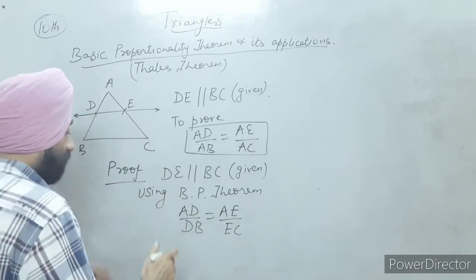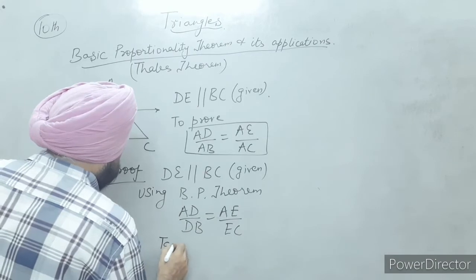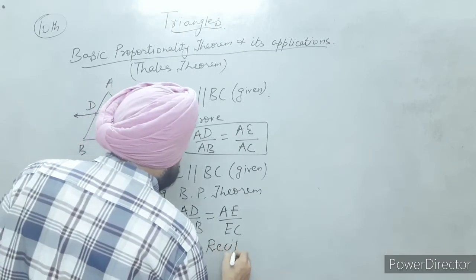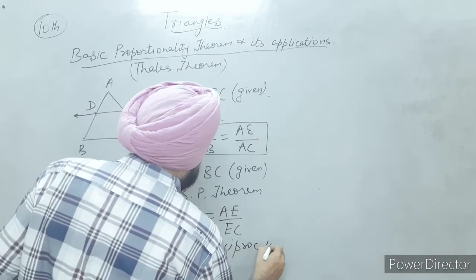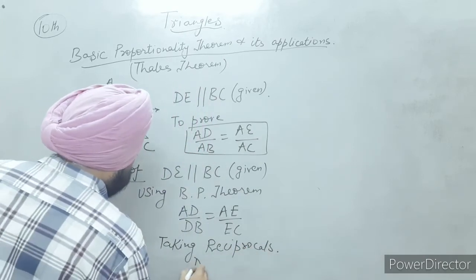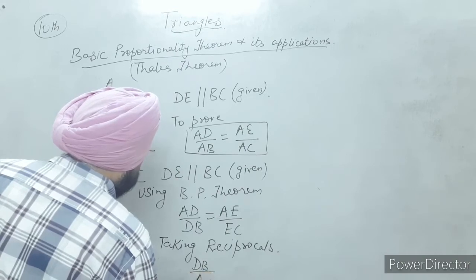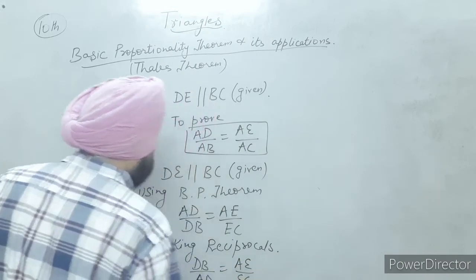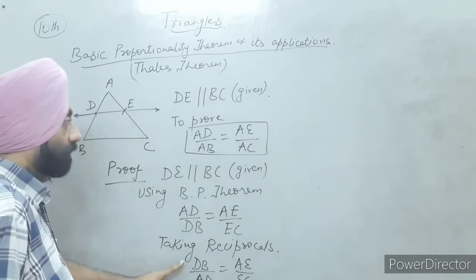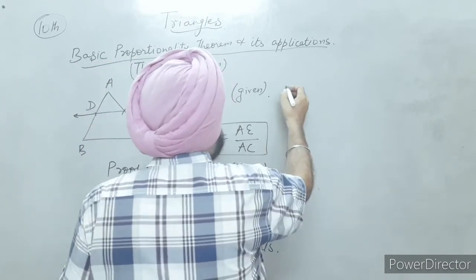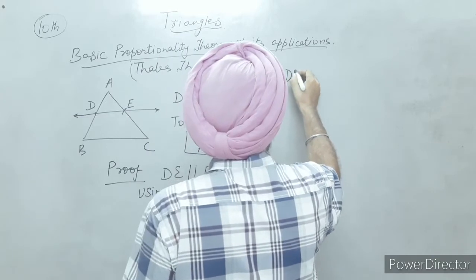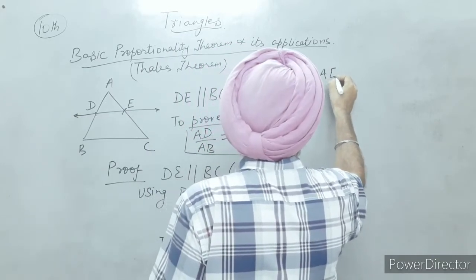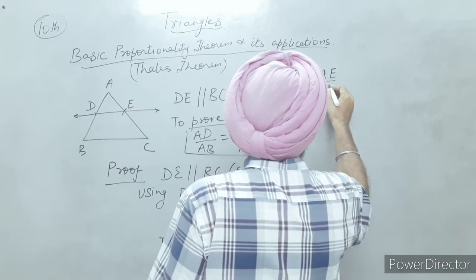Now just take the reciprocals. Now it becomes DB upon AD is equal to EC upon AE. Is it okay? Now adding 1 on both sides. Let me write over here. DB upon AD is equal to EC upon AE.